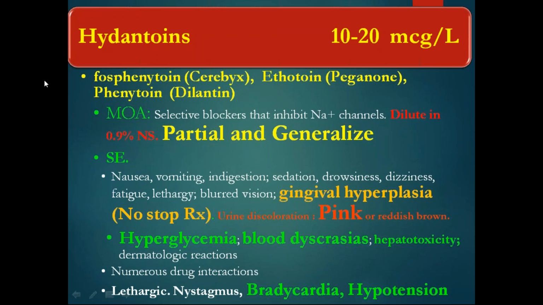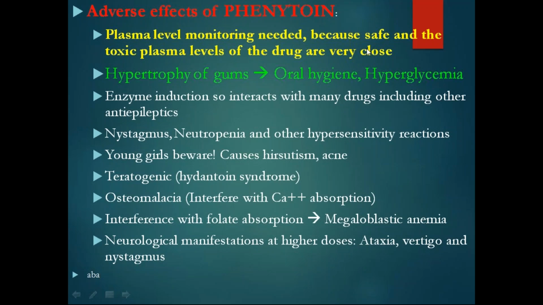It can tell you that probably you have toxicity levels of Hydantoins. If you see on the upper right corner here, we have the therapeutic dose, 10 to 20 micrograms per liter. And this is very important. Why? Because the therapeutic range versus the toxic level are very, very close. So it's in the level of micrograms, 10 to 20, okay?